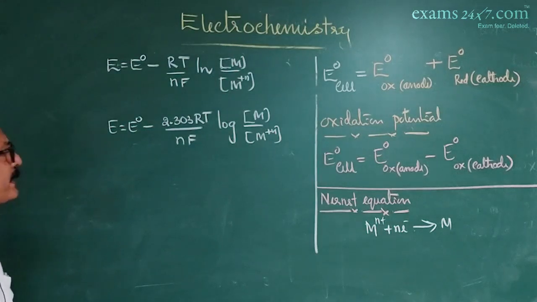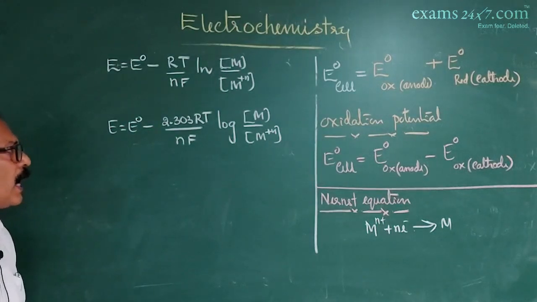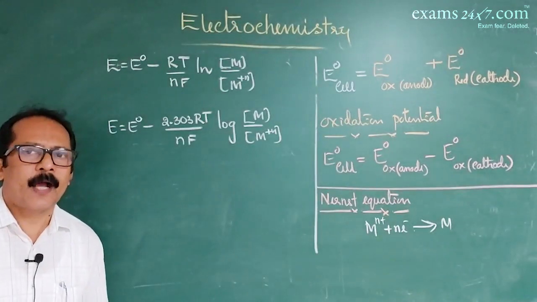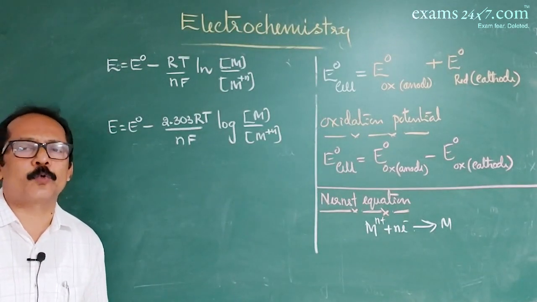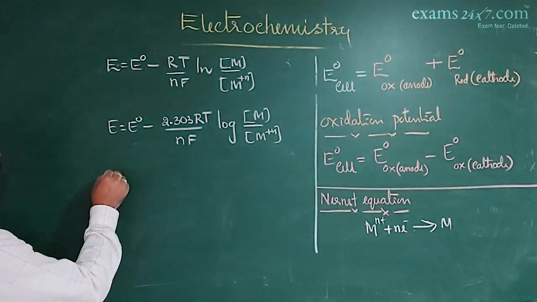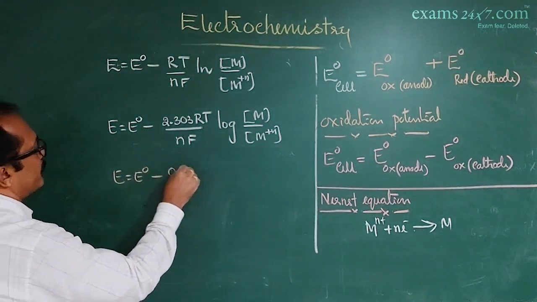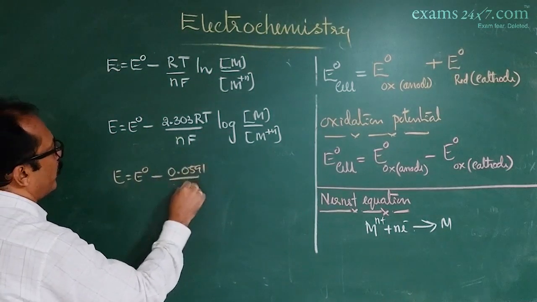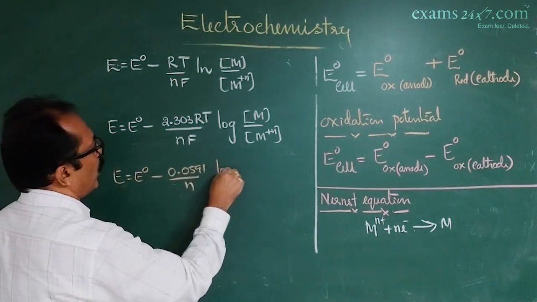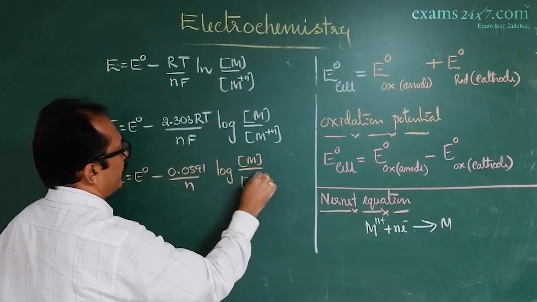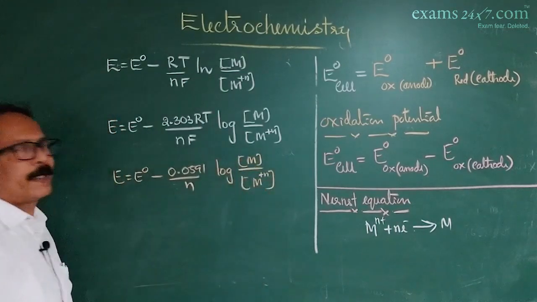By substituting the values of R, temperature, and Faraday's constant at 25 degrees Celsius, 298 Kelvin, we get E equals E naught minus 0.0591 by n log of concentration of metal divided by concentration of metal ion.